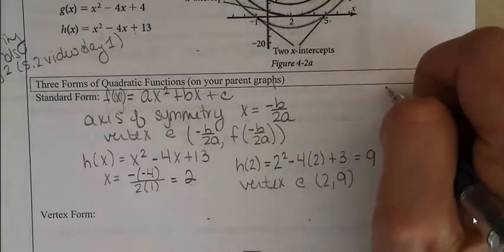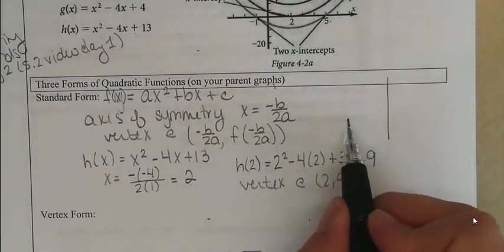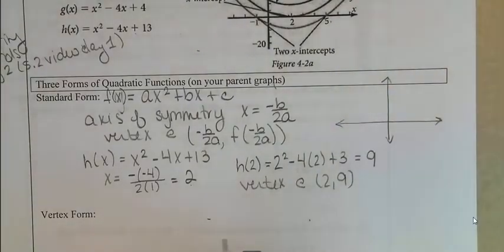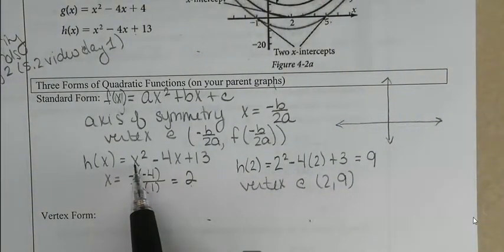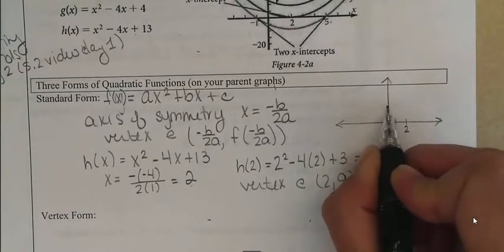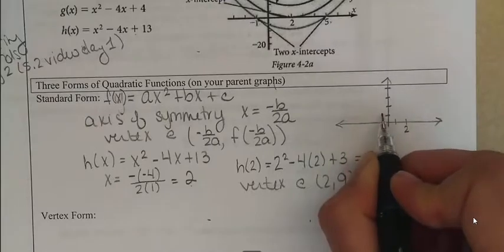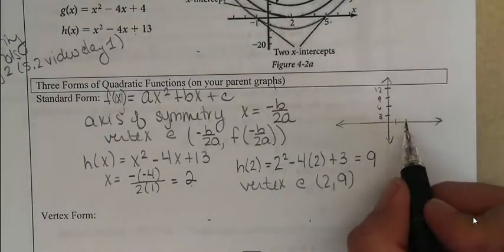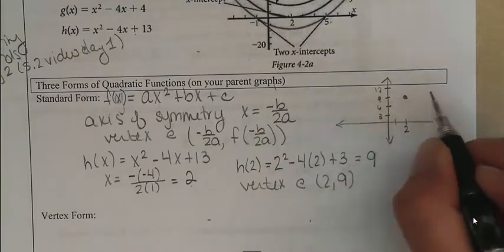And I can easily graph this. I know that that's either going to be my max or my min. I should realize that that's my min because a was positive. We'll go 3, 6, 9, 12. So 2, 9 is my vertex.